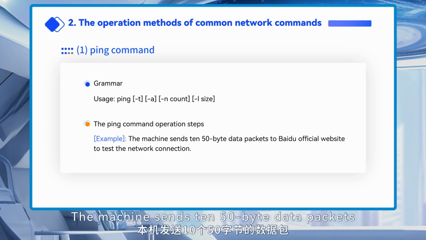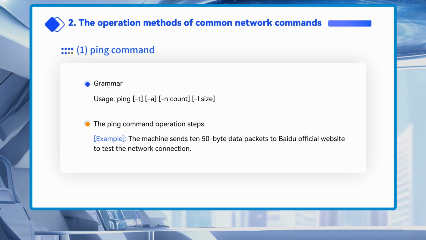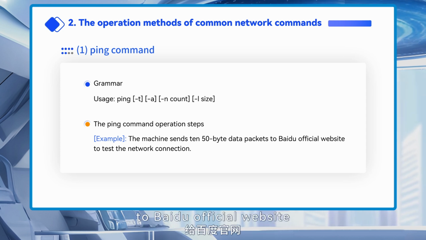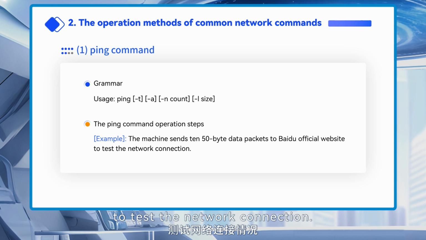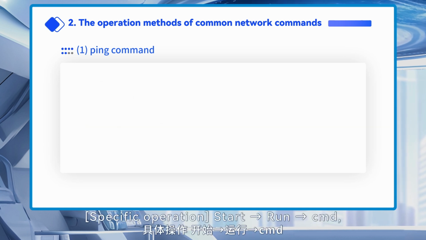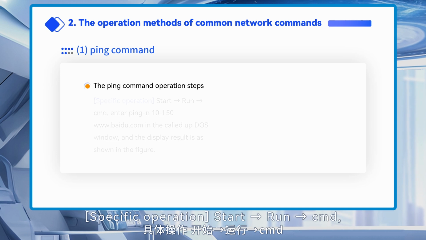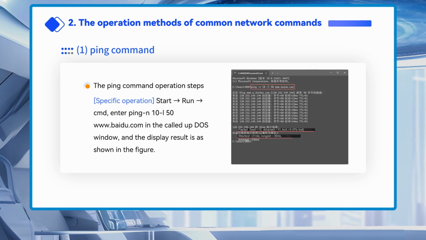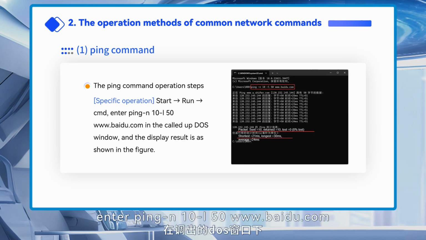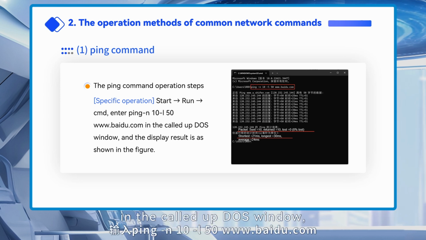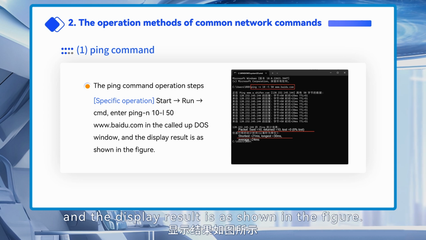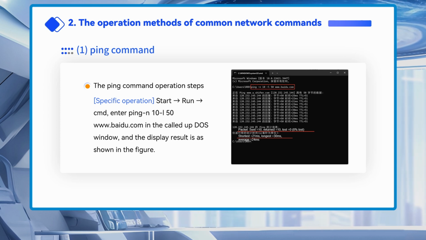The machine sends 10 packets of 50 bytes to the Baidu official website to test the network connection. Specific operation: start, run, CMD. Enter ping -n 10 -l 50 www.baidu.com in the called up DOS window, and the display result is as shown in the figure.